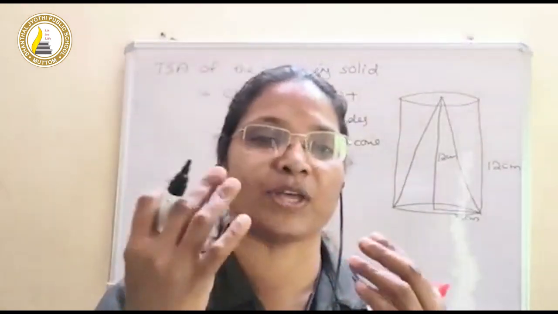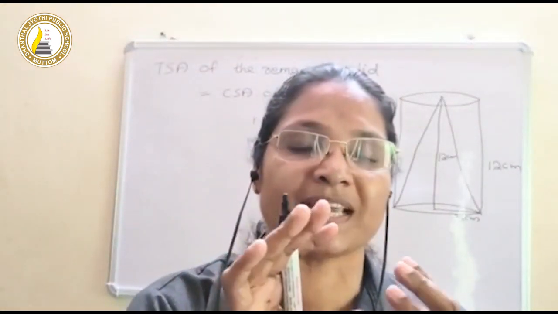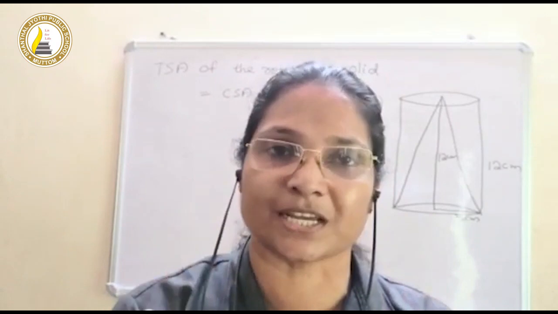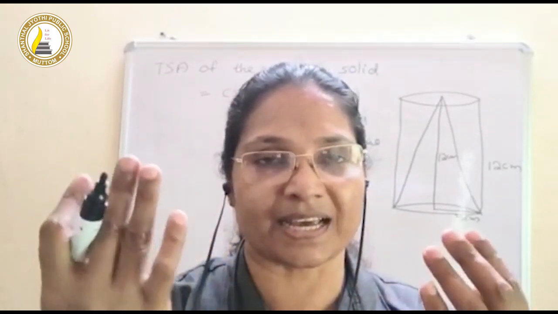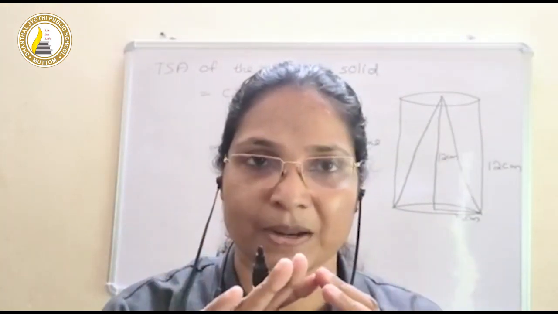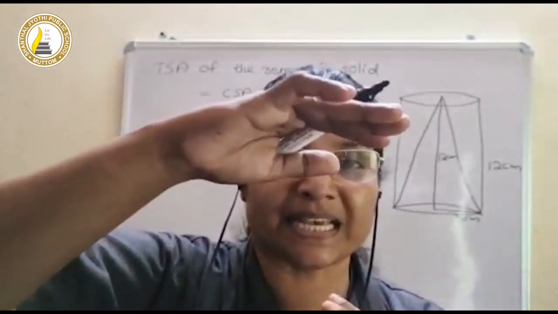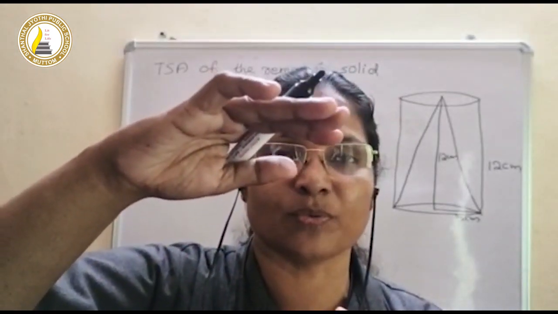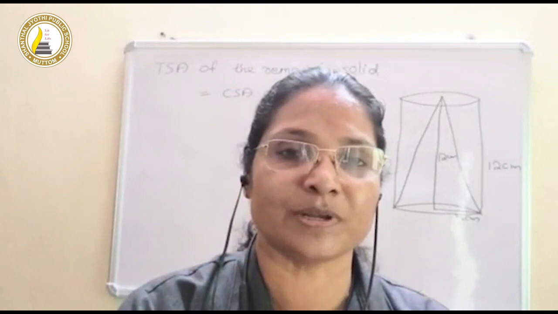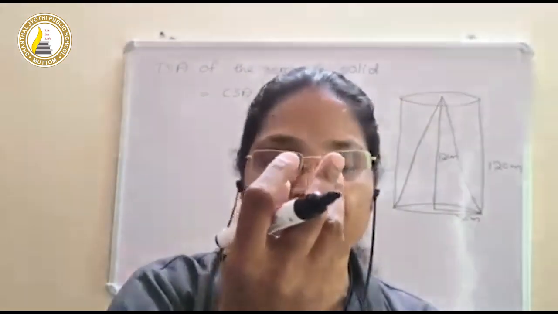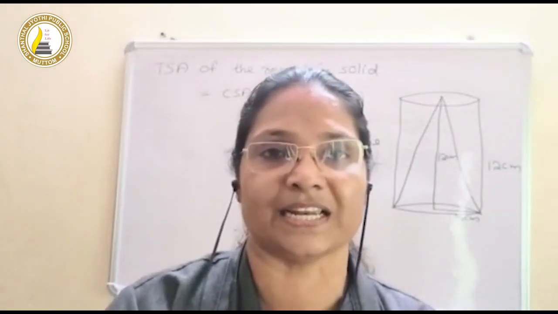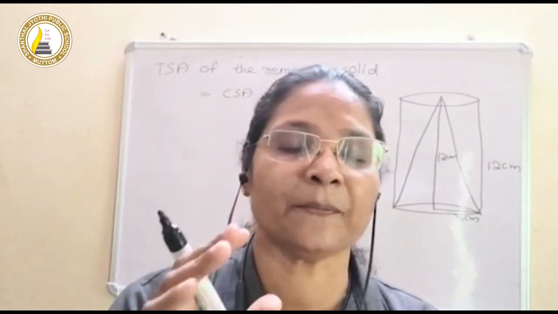The hole's shape is a cone, so the cone's curved surface is visible. Outside, the curved surface area of the cylinder will remain, and the 1 base area of the cylinder also will remain. The bottom base will not be there since we are taking out the cone from that cylinder. Then 3 faces clearly we can see.